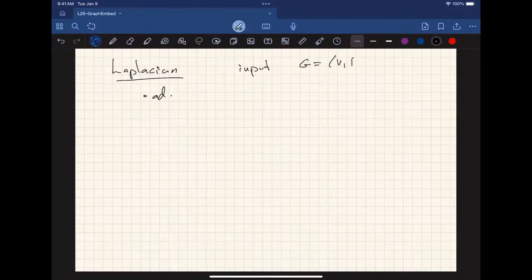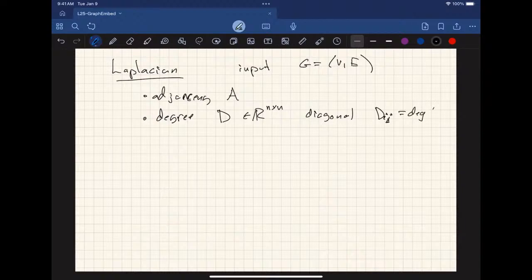It's clearly just the vertices and the edges, but we have the adjacency matrix A, and we have the degree matrix D. Reminder, this is also in R^(n×n), but it's going to be a diagonal matrix, and D_ii is going to be equal to the degree of vertex i, and D_ij for i not equal to j is going to be equal to 0.